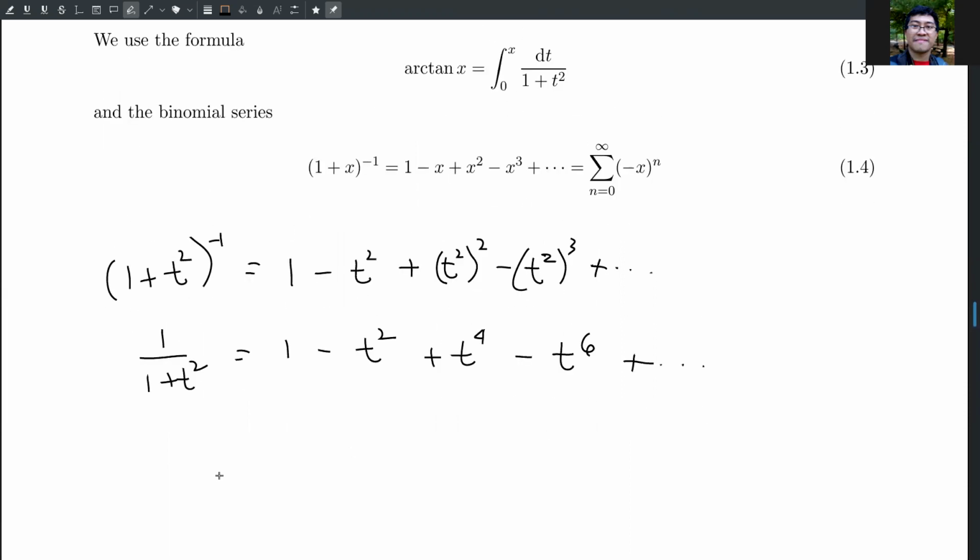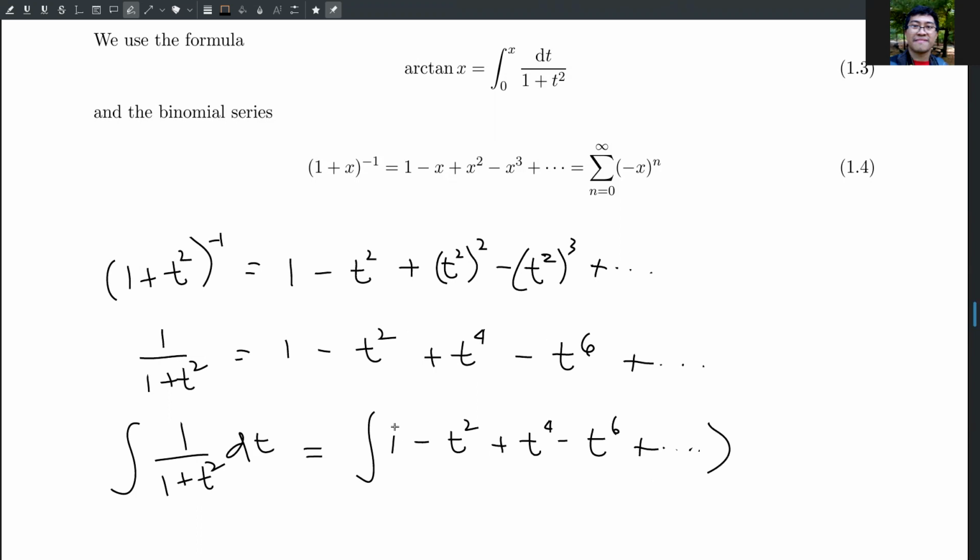Now if we take the integral of 1 over 1 plus t squared dt, we can just take the integral term by term. So you have the integral of 1 minus t squared plus t fourth minus t sixth and so on, dt from 0 to x.